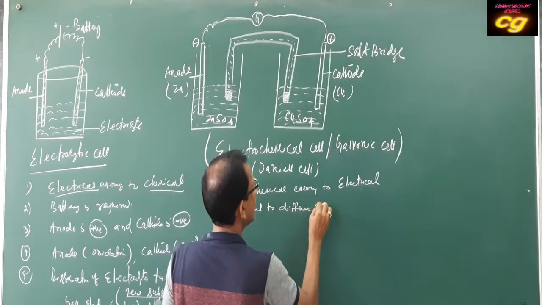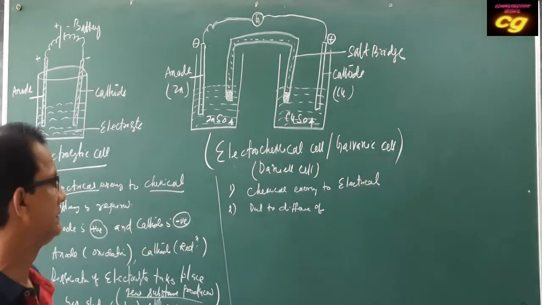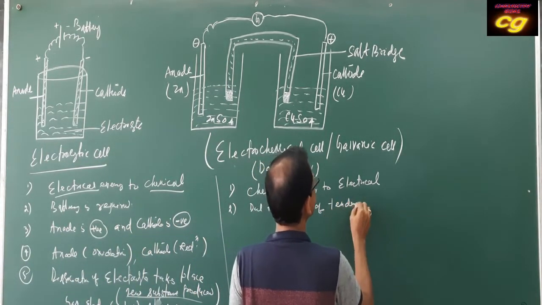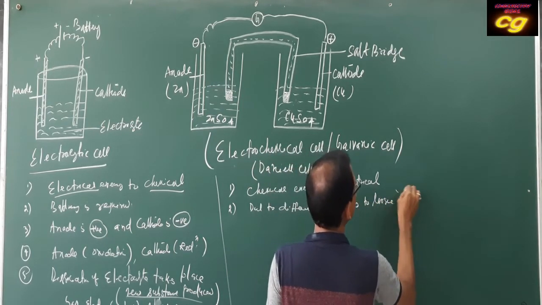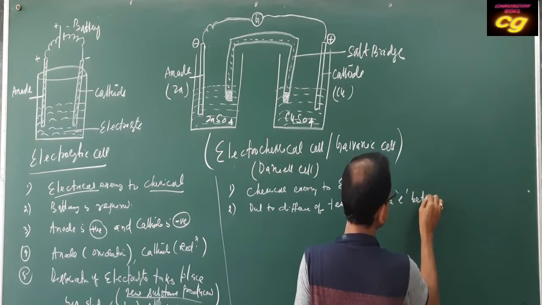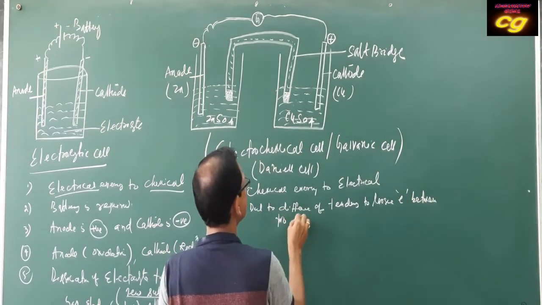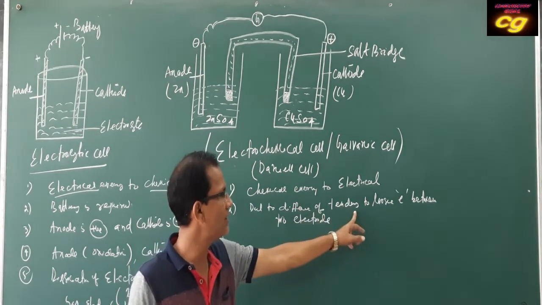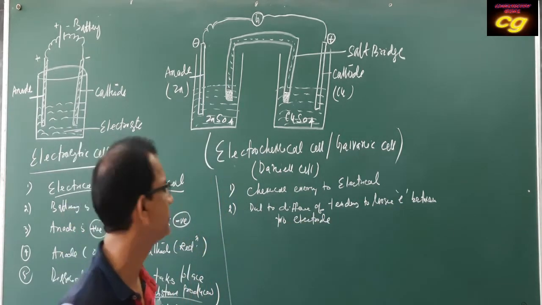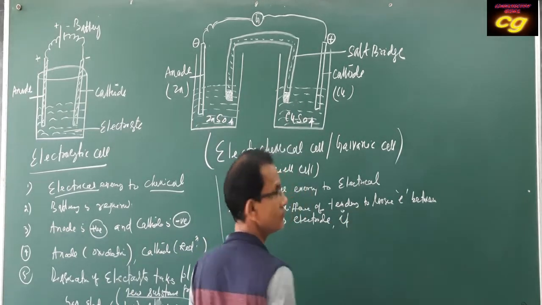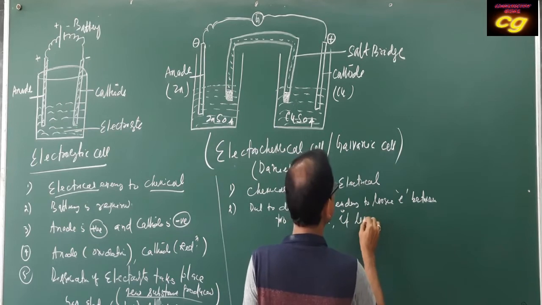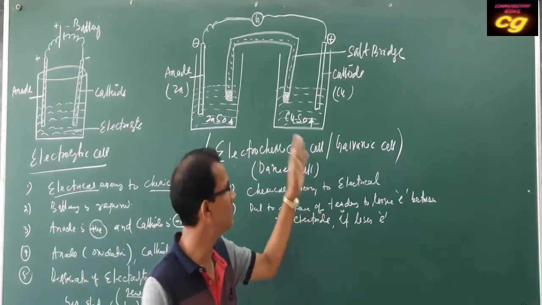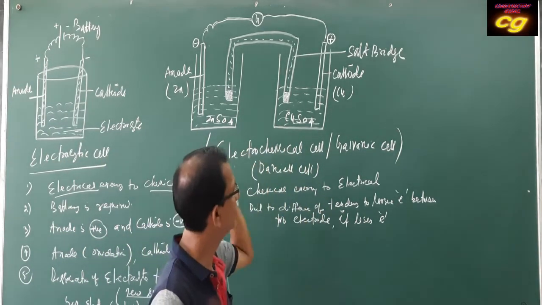Due to the difference of tendency to lose electrons between two electrodes, electrons are lost, and that electron lost from one electrode will move towards the other.